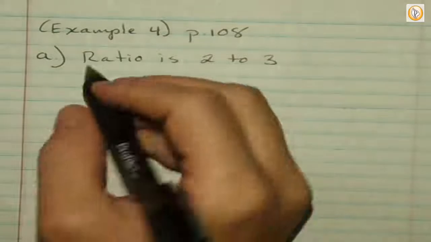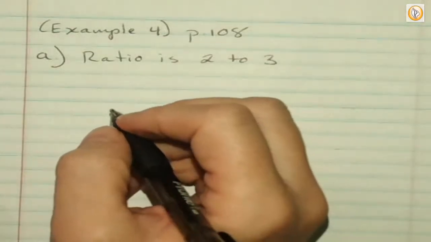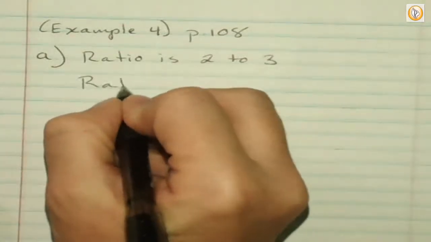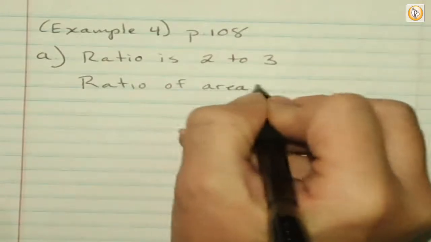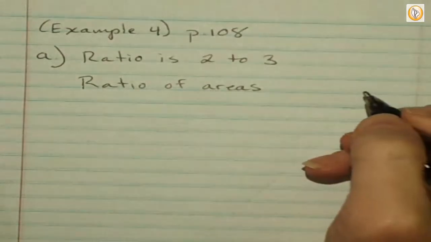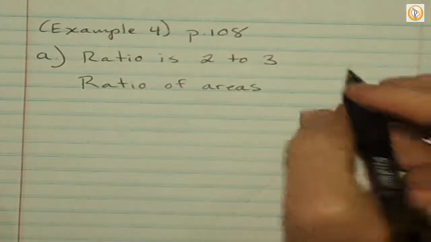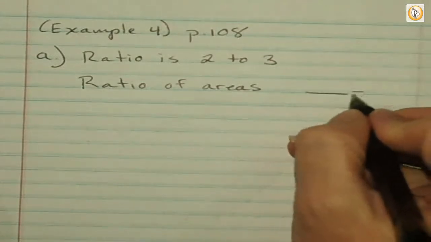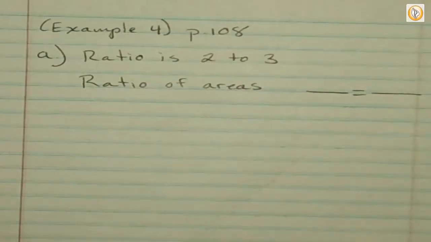So we're going to start with A. It says find the ratio of the areas. So we're looking for the ratio of areas. When we're doing this, how do we set it up? As a ratio. Make sure you keep that in mind.